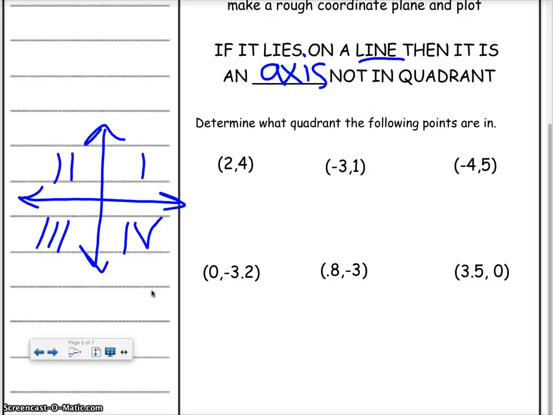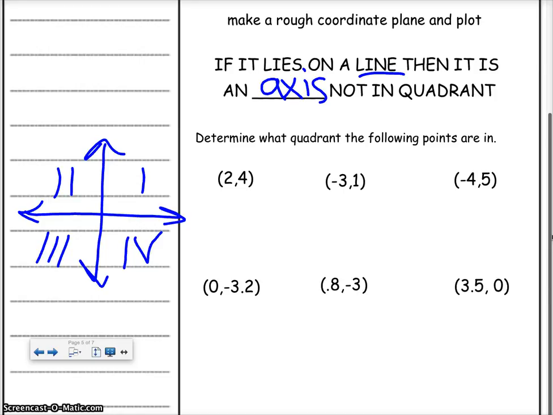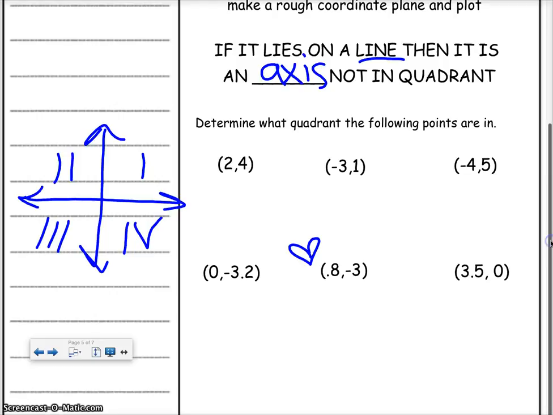Since we have like a minute left, I do want you to turn back to this page, and I'm going to do 2 more with you, and then I want you to finish it up on your own. So I'm going to do this 0.8 and -3. Again, that's my x, the -3 is my y. I make a rough coordinate plane.